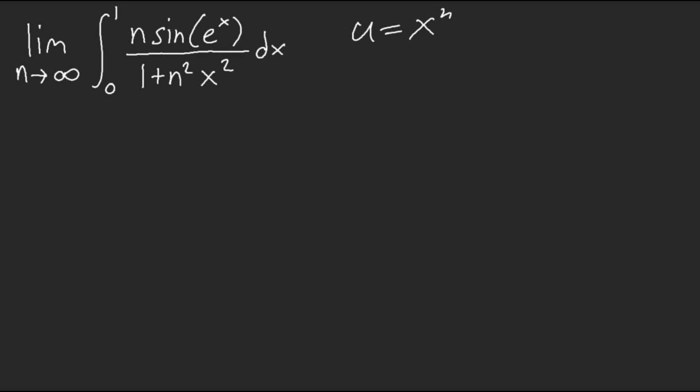I only let u equal x to the power of n because it's common and easier. However, we don't do it here. It's not the only substitution that gets rid of that n. We can also let u equal nx, and it also helps us get rid of that n.